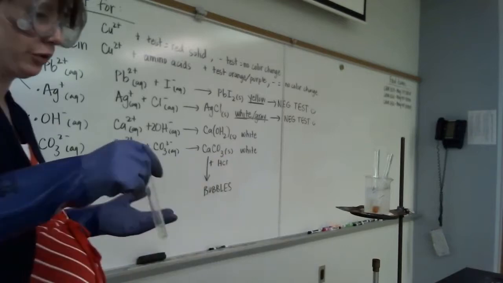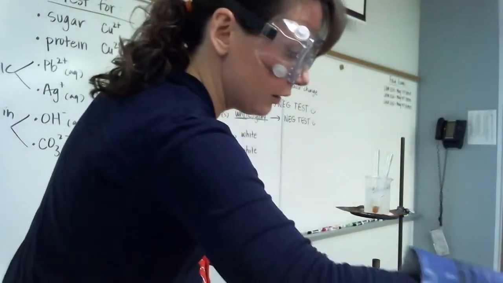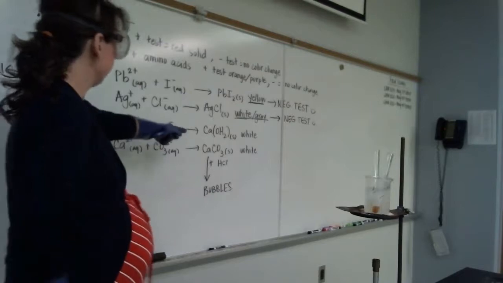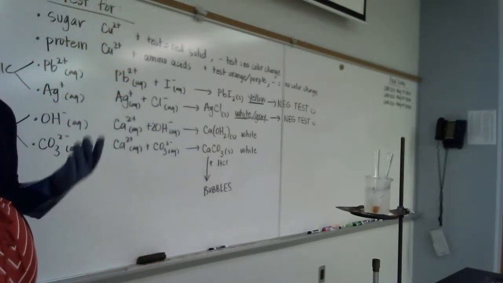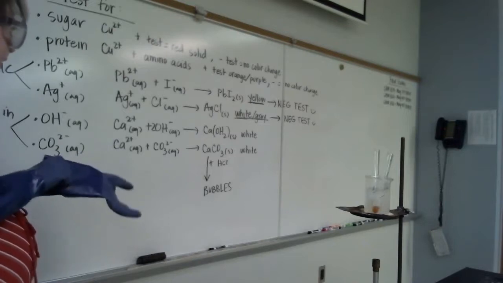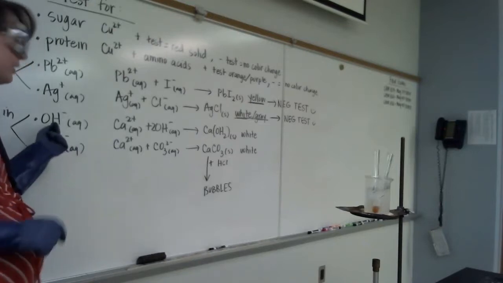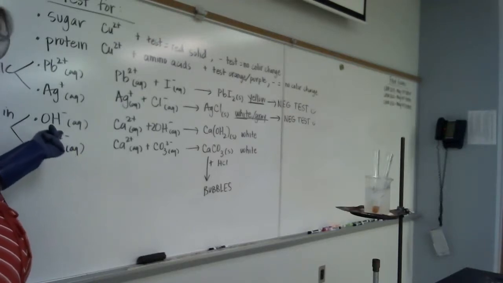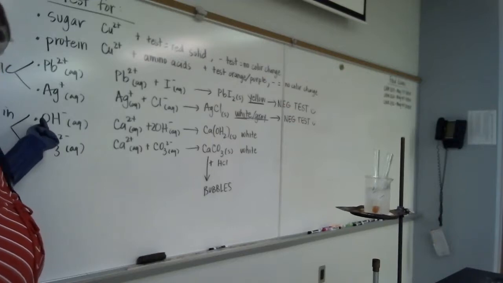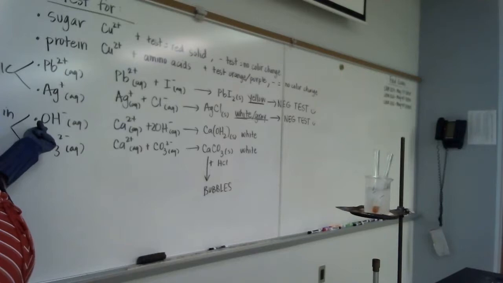Now we could do some further testing to see if we've got calcium hydroxide in there as well. But I can tell you my best guess as a chemist is that the hydroxide ion in here is pretty low. And the way I can know that is by measuring pH, right? Because if the pH of this water is greater than 7, then I can conclude that there's a lot of hydroxide in here.